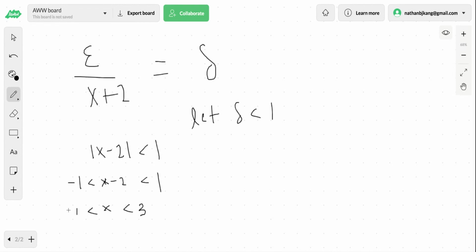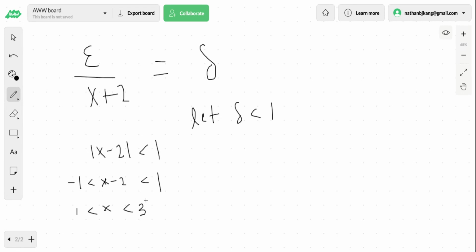So at this point, we need to ask ourselves, okay, what do we want our delta to be? If you recall the delta epsilon proof, we want our delta to be as small as possible. So in this case, we ask ourselves, how can we make our delta as small as possible? Well, if we were to plug in x equals 1, we would have epsilon over 1 plus 2, or epsilon over 3 equals delta. If we were to plug in x equals 3, we'll have epsilon over 3 plus 2 equals delta, which would yield us epsilon over 5 equals delta, which is the smallest value that we can get.